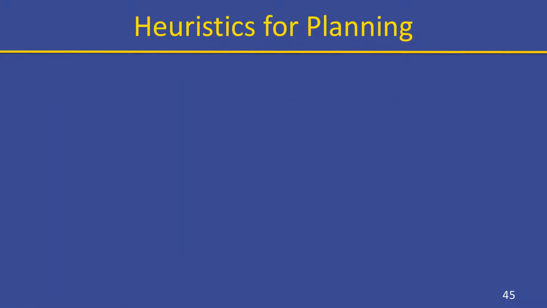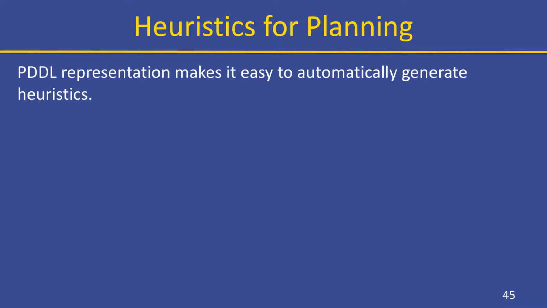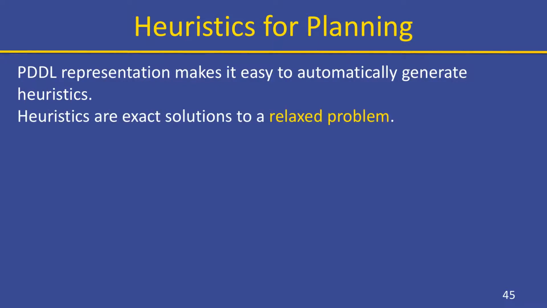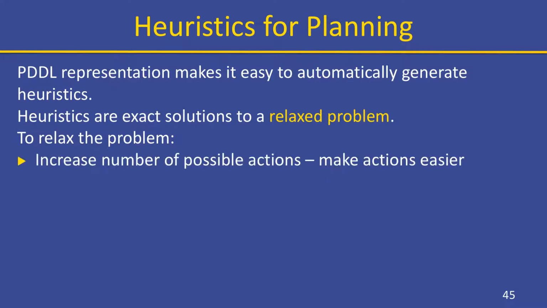So one of the advantages of the PDDL representation is that it makes it easy to automatically generate heuristics. So if you remember, heuristics are exact solutions to a relaxed problem. Now in PDDL, there are different ways to relax the problem. We could increase the number of possible actions.